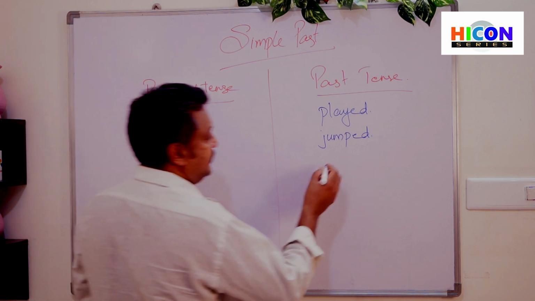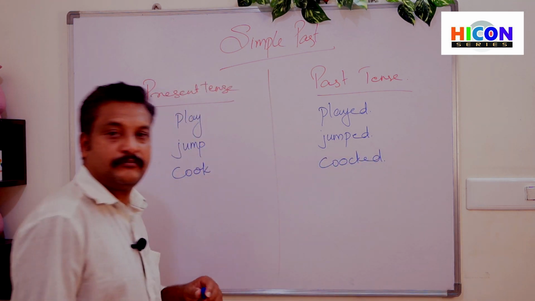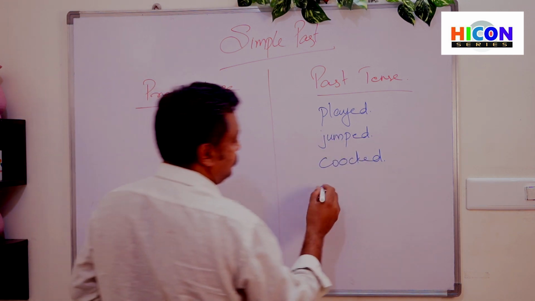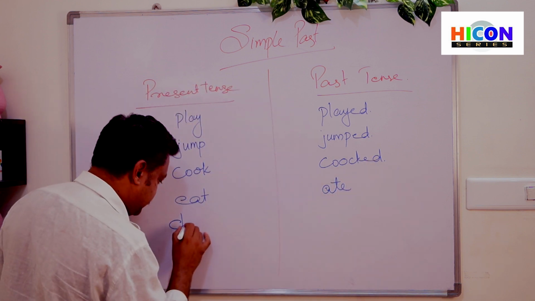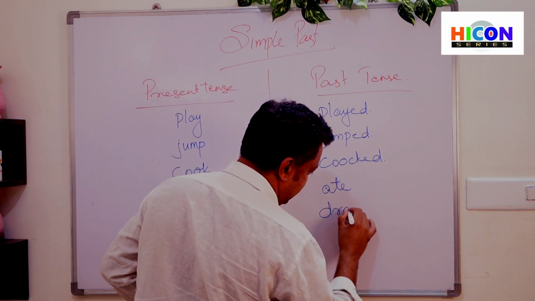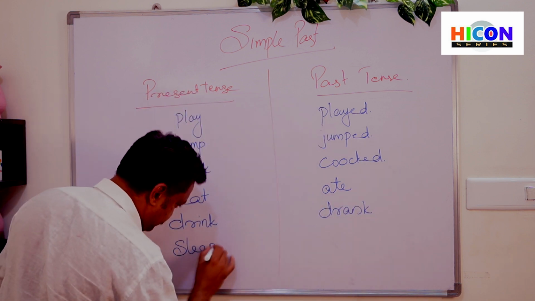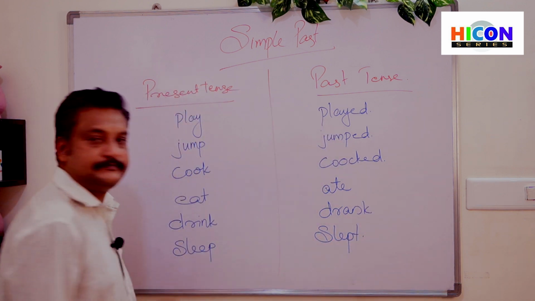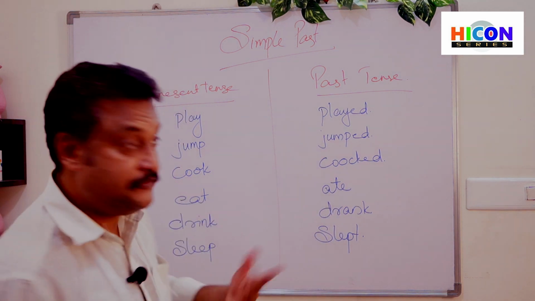Here it is cooked. We say eat. Here it is ate. We say drink. Here it is drank. We say sleep. Here it is slept. Okay, so verbs have these kinds of multiple, different forms.